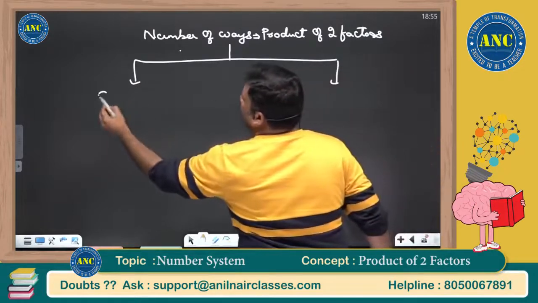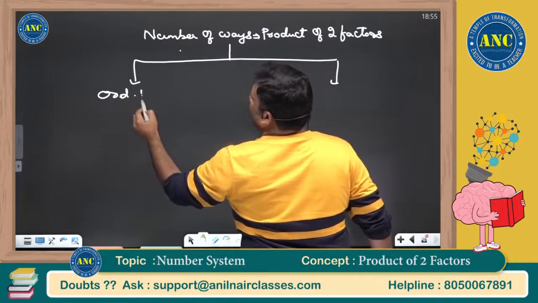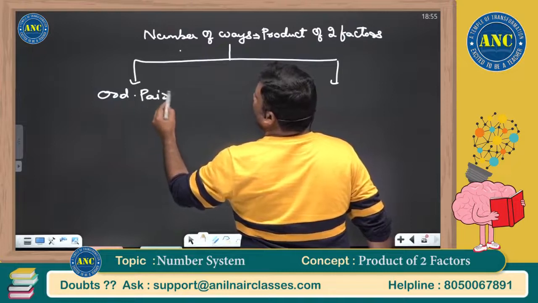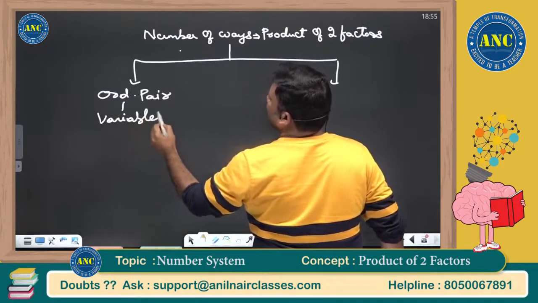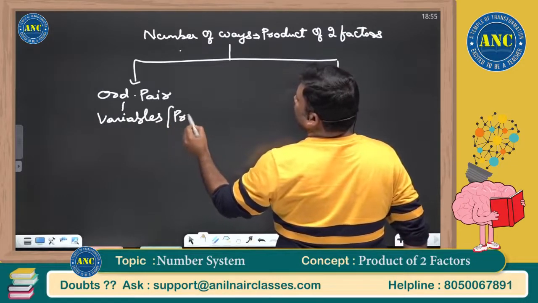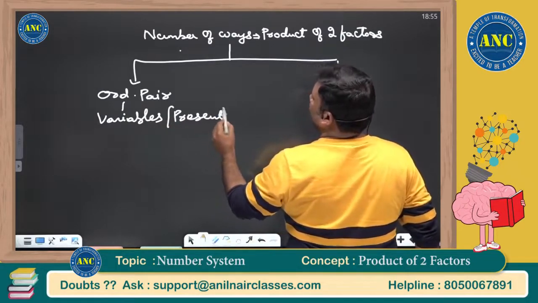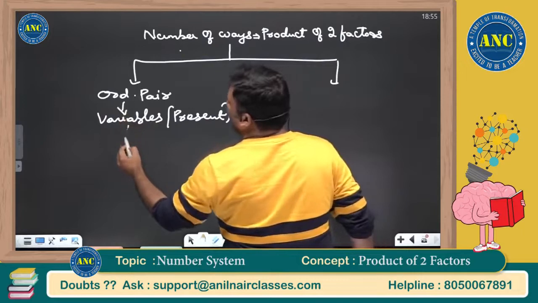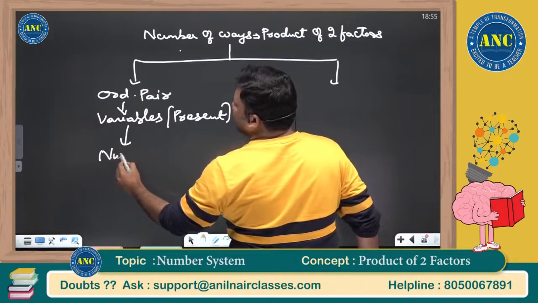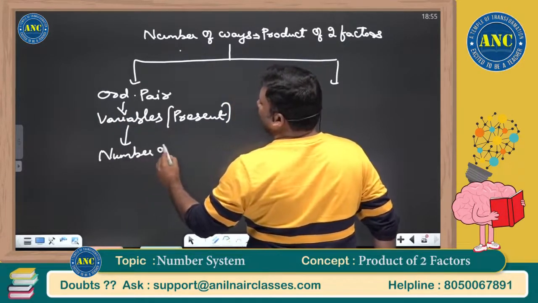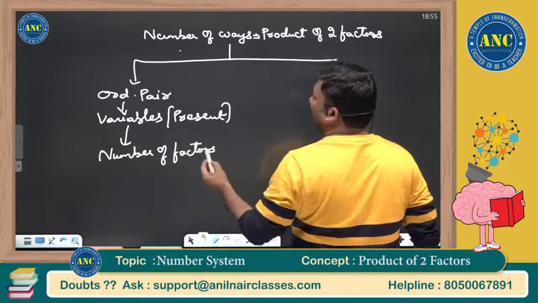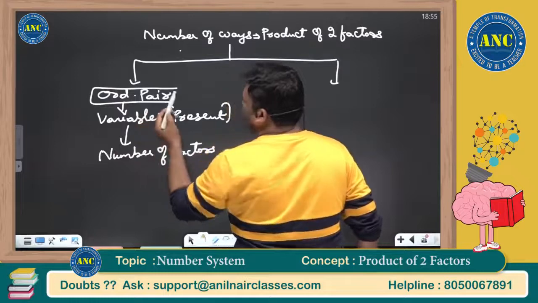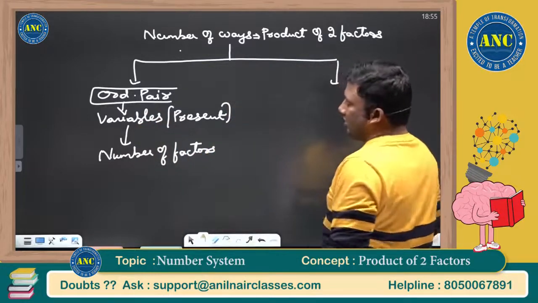One is the ordered pair. When variables are present in the question, it is an ordered pair. What will be the answer? The answer is nothing but the number of factors.